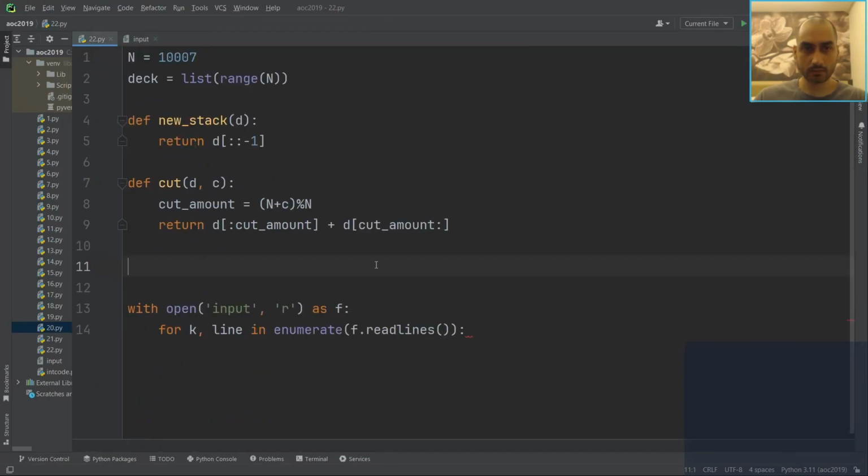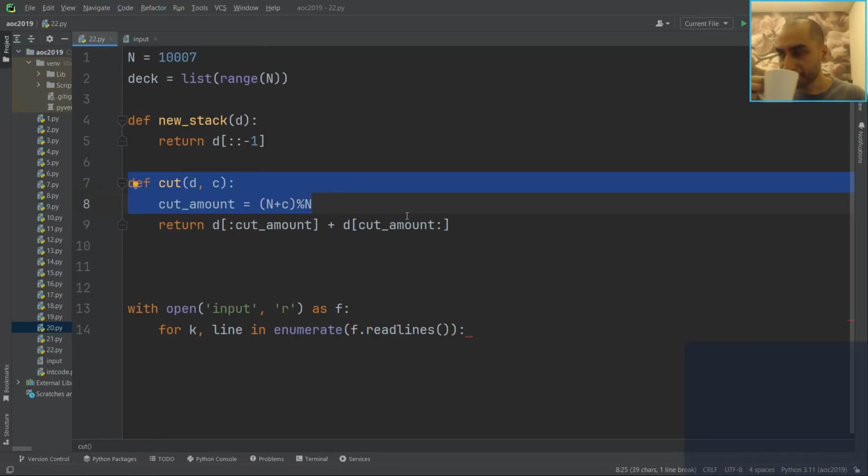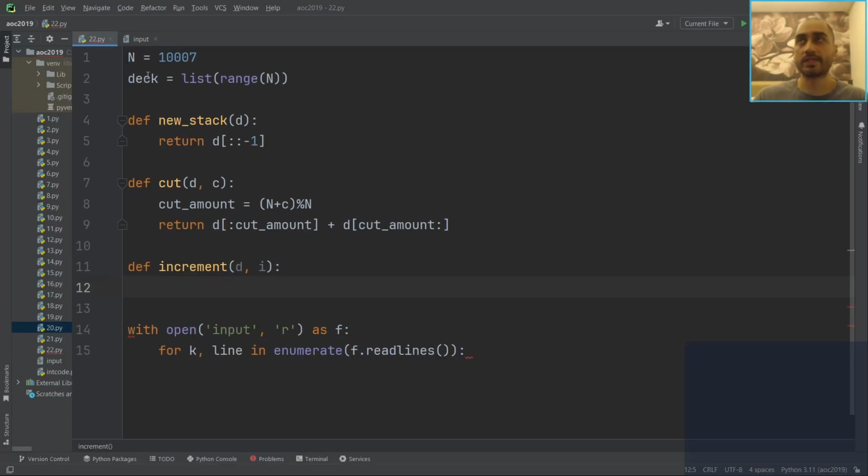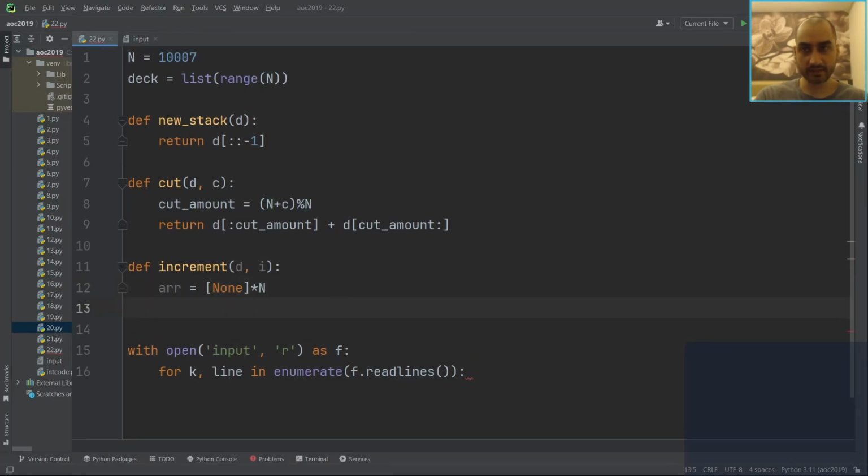Okay, so in this one we could just make an array with Nones in it.